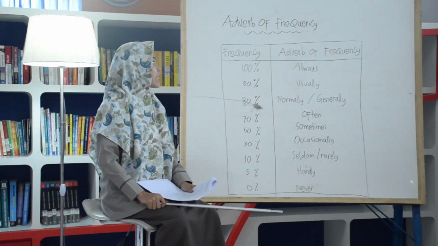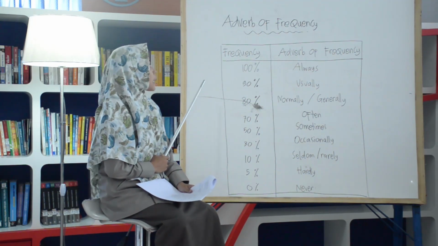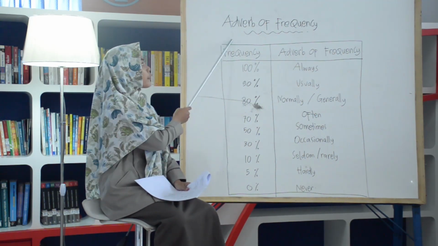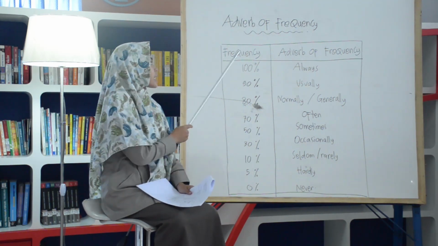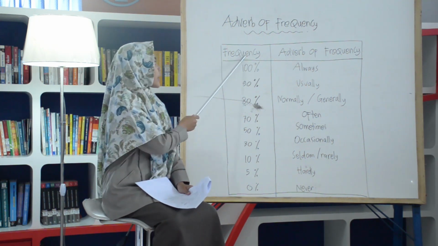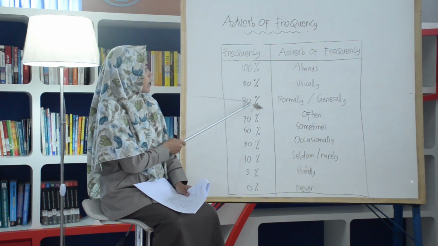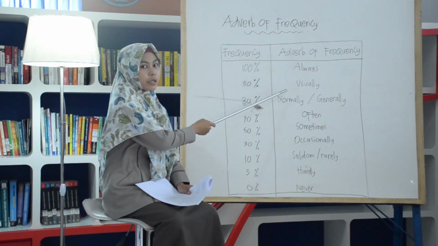Thank you. Okay, everybody, this is the last material of your final test, adverb of frequency. This is the table of frequency. Here is the frequency and here is the adverb of frequency.